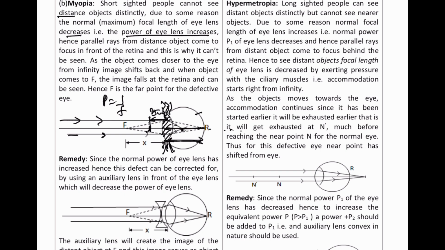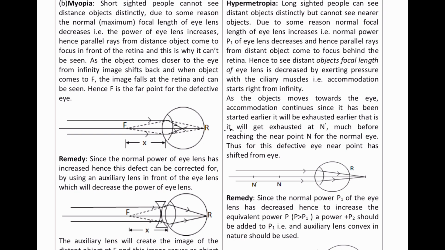So in the case of myopia, what is exactly happening? When the object reaches a point F, say, the accommodation fails. Beyond this, you cannot accommodate to keep the image at R. The image shifts from the retina.